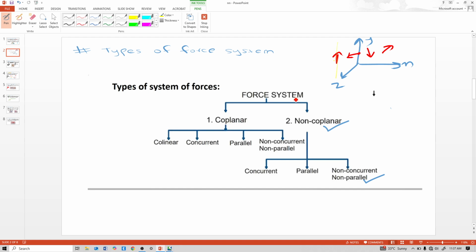See, the line of action of this force, this force, this force, and this force are not meeting in a single point. So that's why it is a non-coplanar non-concurrent force system. Why non-coplanar? Because forces are in the xy plane and the yz plane also. Forces are in more than one plane. That's why non-coplanar, and their lines of action are not meeting in a single point, that's why non-concurrent.